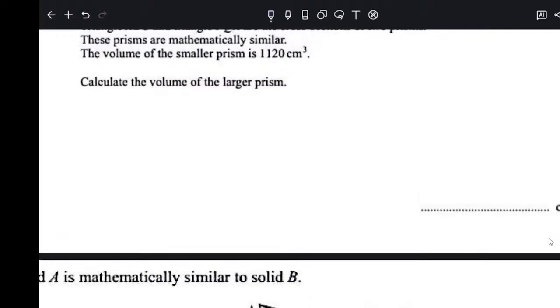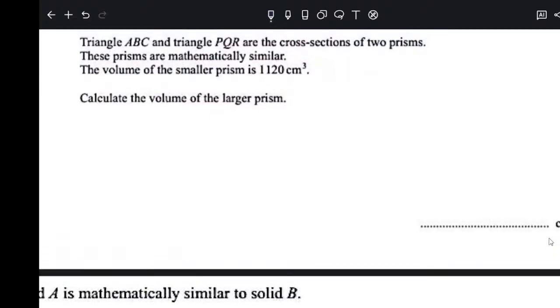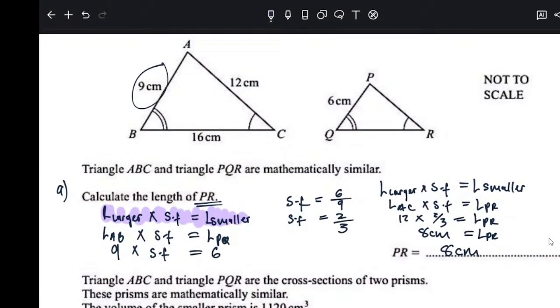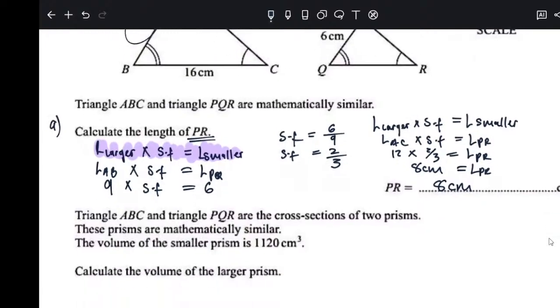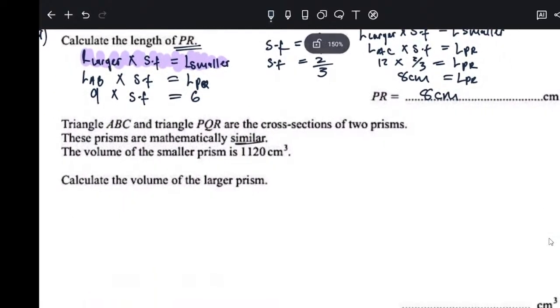Let's come to this one. Triangle ABC and triangle PQR. So it's the very same triangles. Now they are saying here, they are mathematically similar. Yes. The volume, and they want the volume of the larger one now. So look at what we do here. Be careful, right?